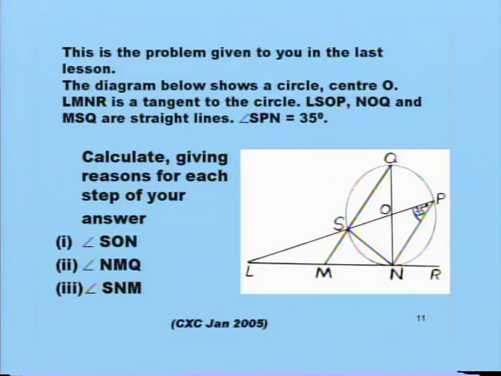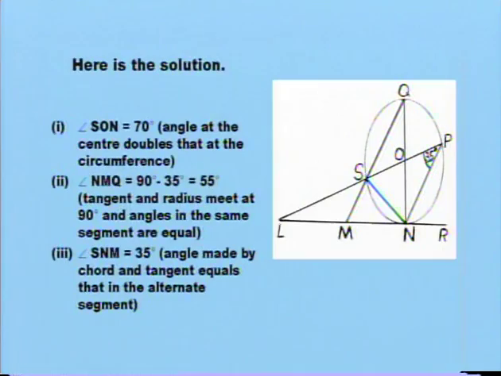Angle SPN is equal to 35 degrees. Calculate, giving reasons for each step of your answer, angle SON, angle NMQ, and angle SNM. This question is taken from CXC January 2005.